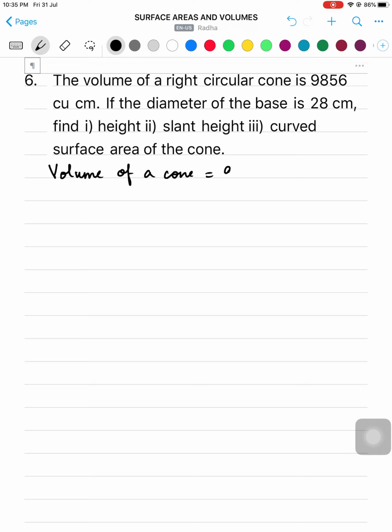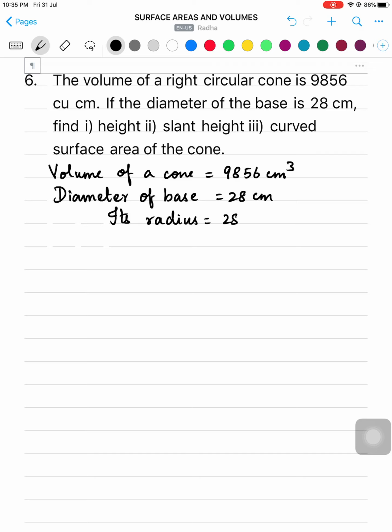What is the volume of the cone? 9856 cubic centimeter is nothing but centimeter cube, and diameter of the base is given as 28 centimeter, and in all the formulas we use only the radius, so from that we find the radius as diameter by 2, that is nothing but 14 centimeter.